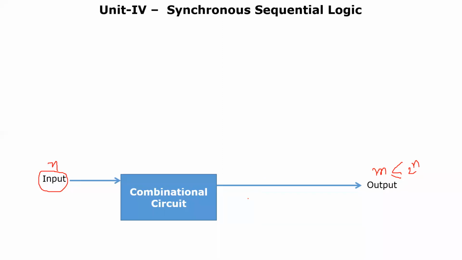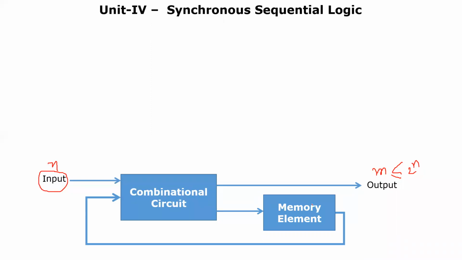If you add a memory unit, a small memory unit which is able to store exactly 1 bit of information, to the combination circuit, then this entire structure will be called sequential logic.